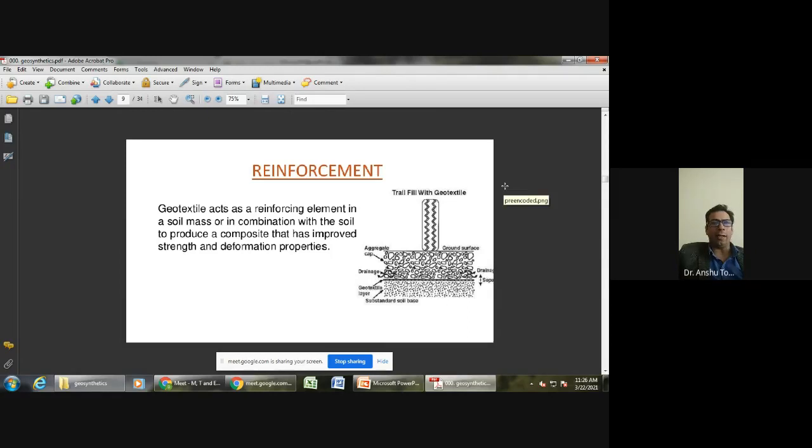What problem it can create is the stiffness of that geotextile. What is the layer above that geotextile and what is the layer below that geotextile is going to play a vital role in the final decision of the behavior of that particular pavement, whether it is a flexible pavement or it is a rigid pavement.